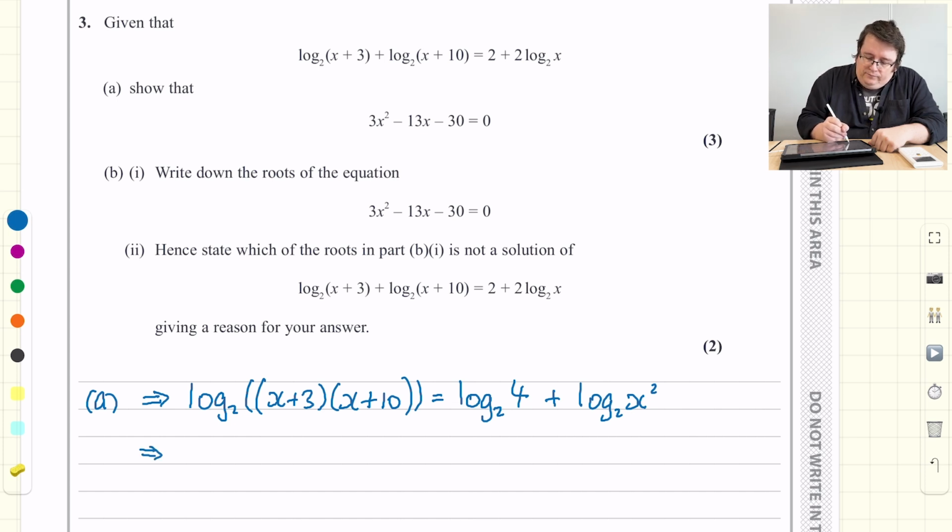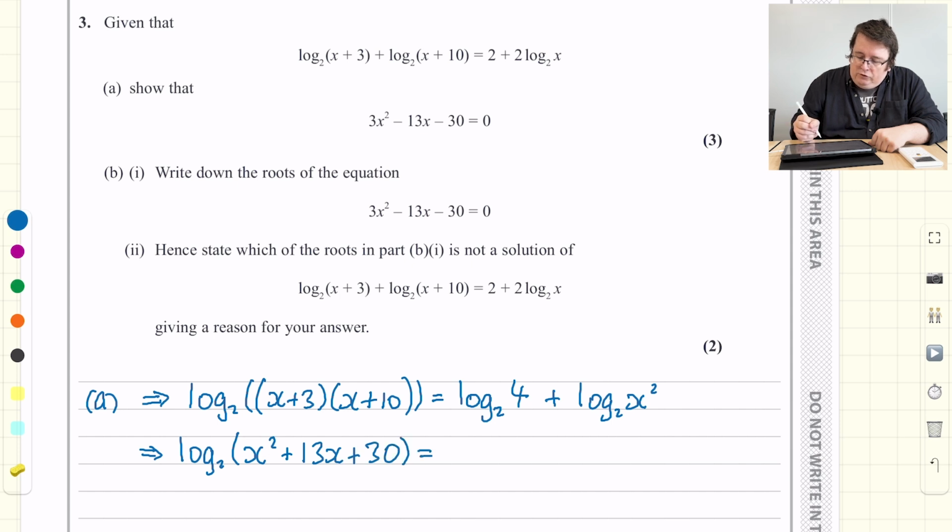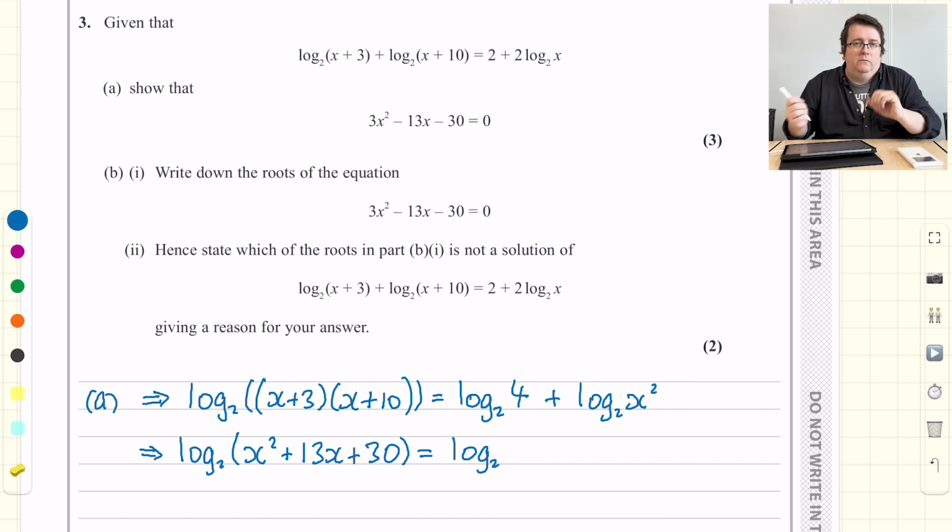Okay, so the left-hand side, we could multiply the brackets out and get x squared plus 13x plus 30. And on the right-hand side, we can use the product rule to bring those two together and have log base 2 of 4x squared.